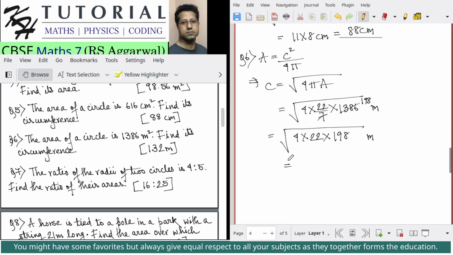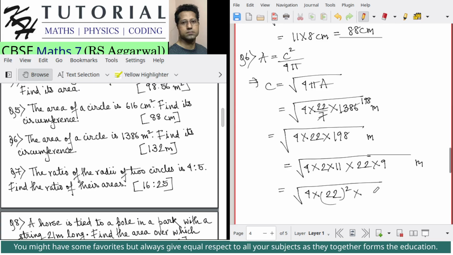This is equal to, let's see, 4 multiplied by 2 multiplied by 11, and 198 I guess is 22 multiplied by 9. Okay, so this is 4 multiplied by 22 square multiplied by 9 meter.